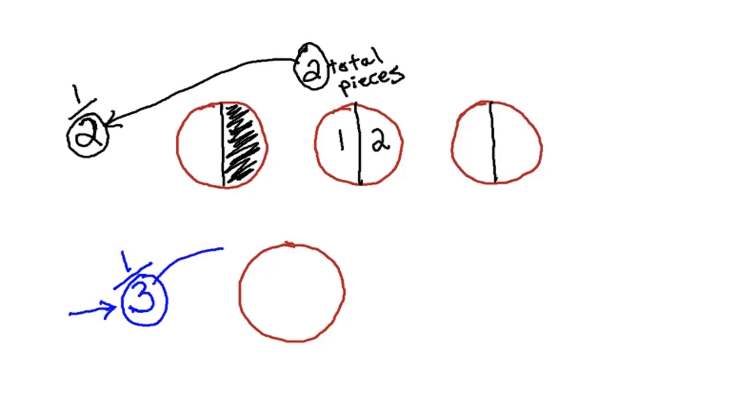So that means we're going to divide this pizza into 3 pieces. So there we have 3 kind of even pieces. If I was doing this with a ruler, it would be equal. So 3 equal pieces of pizza. So here would be 1/3.